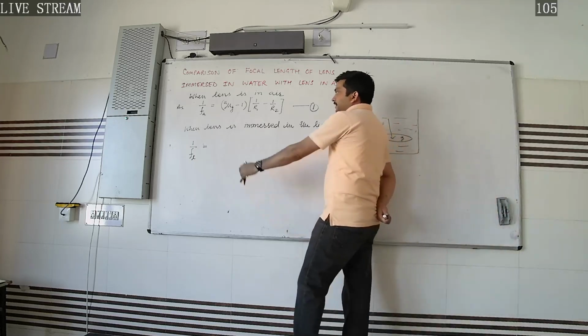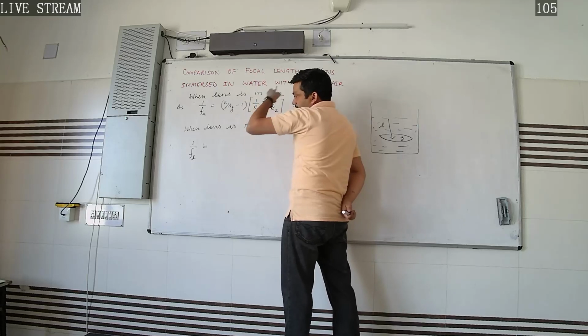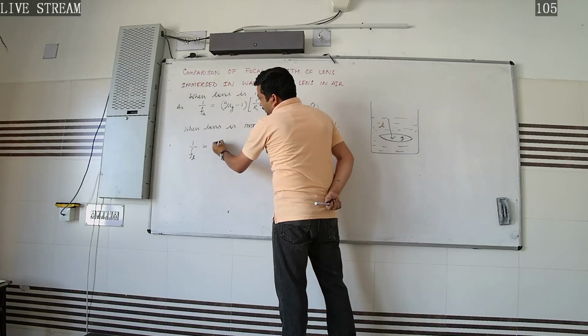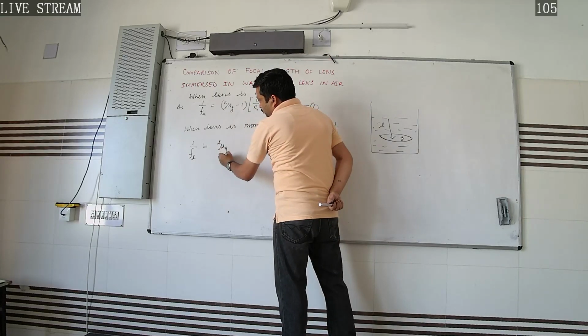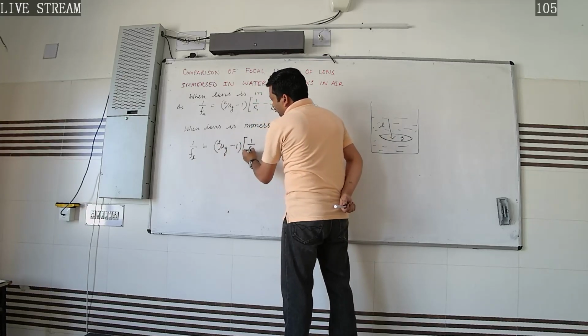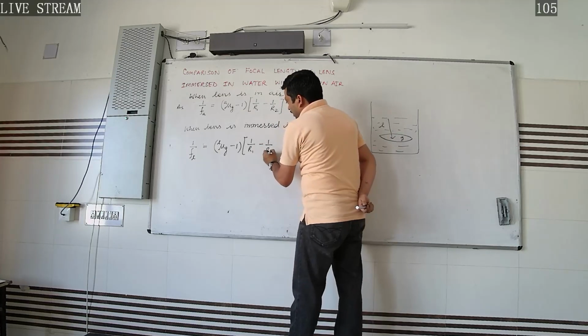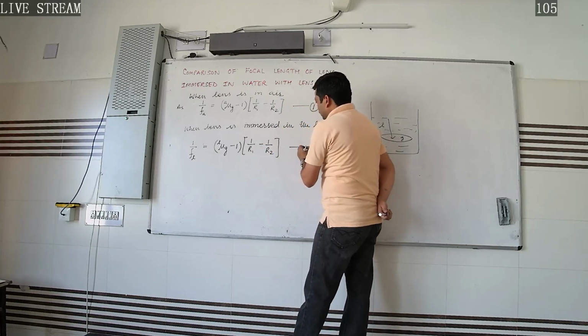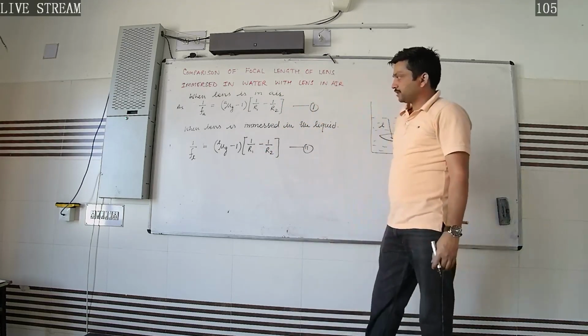So instead of writing here aμG, I will write liquid to glass, LμG minus 1 into 1 over R1 minus 1 over R2. Let this be equation number 2.